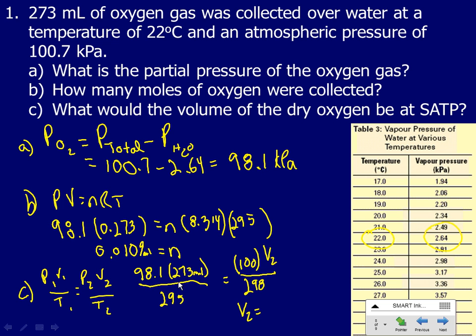And because I left my volume in milliliters, I will have a unit of milliliters. So we're dealing with 3 significant digits across the way, so 271 milliliters.